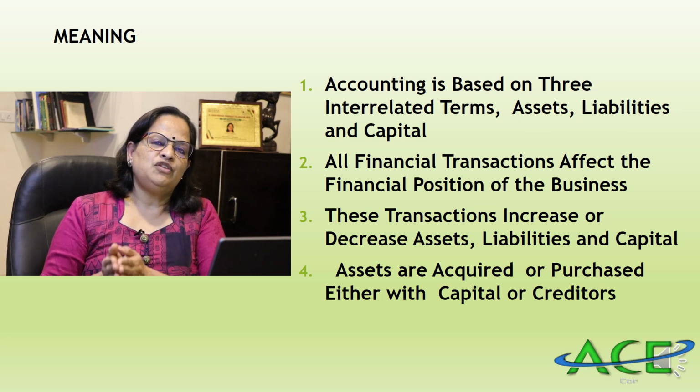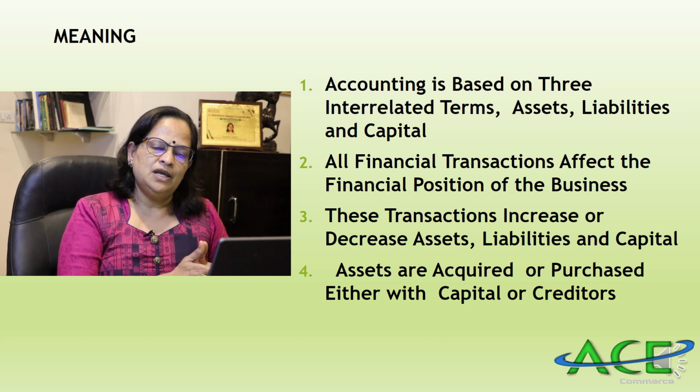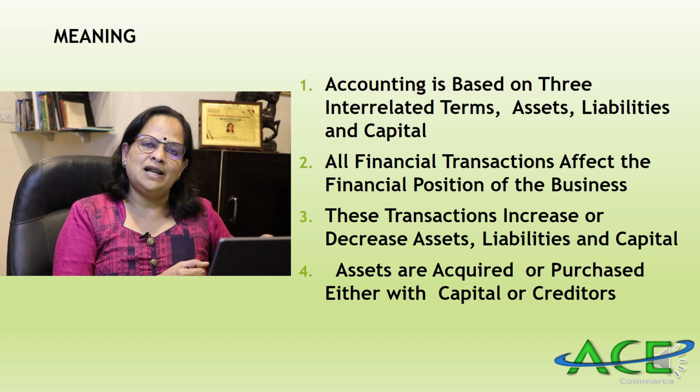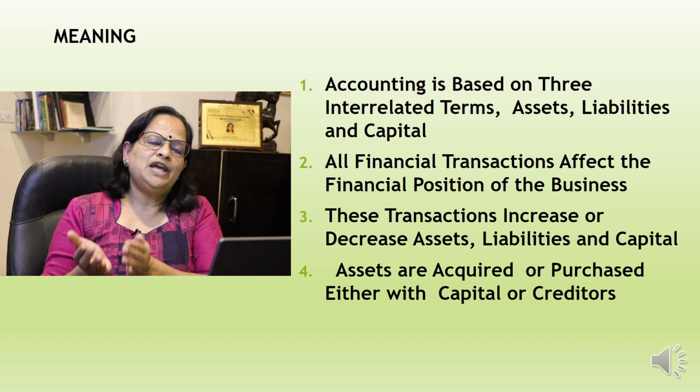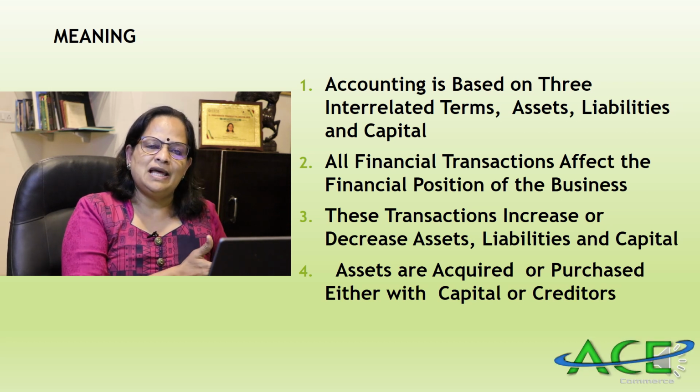You have to remember that if you want to buy any asset, either you have to buy it through your own capital or you have to use another liability. That can be a loan from a financial institution or any other borrowing. So when you are acquiring something as an asset, the other side, the payment side, will be the liability. So these 3 terms are related.